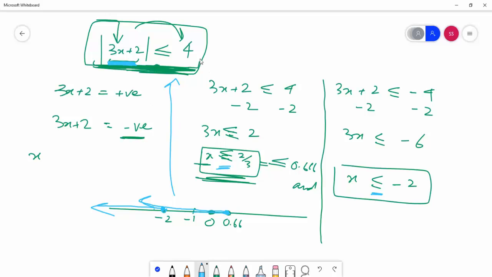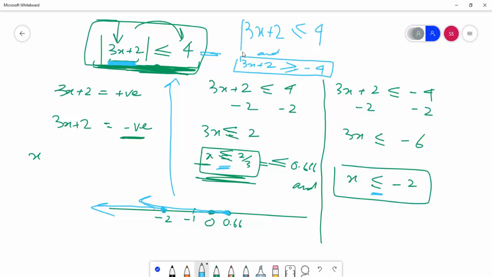Okay, so let us put it in this way: the absolute value of 3x plus 2, when that is less than or equal to 4, that means 3x plus 2 is less than or equal to 4, and 3x plus 2 is greater than or equal to negative 4.